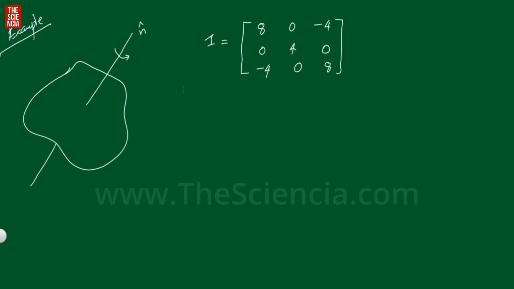How can we find out? I want to find out the moment of inertia I about the n cap direction. Then what we have to do is take n cap dot I tensor dot n cap. This is the direction vector.